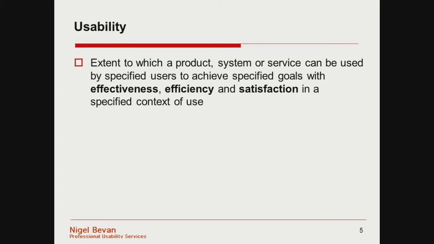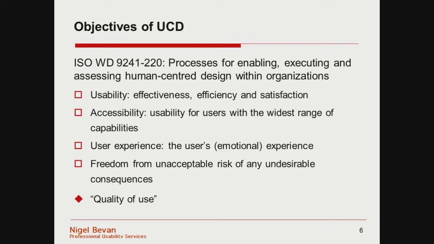This is a very high-level, goal-oriented approach, and clearly that is important, but there are also associated other issues important, which we're putting into this new standard for good practice, the 220 standard.